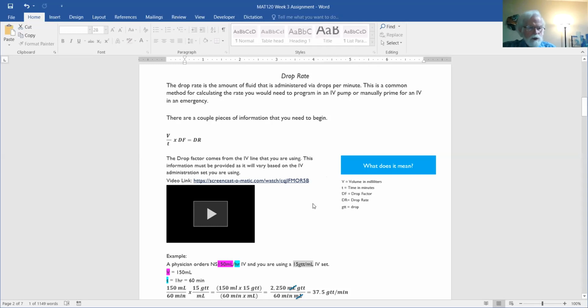When would you use 10 drops per milliliter? When you have a volume of 2, 3, 4, even 5 milliliters a minute, because we can easily calculate.